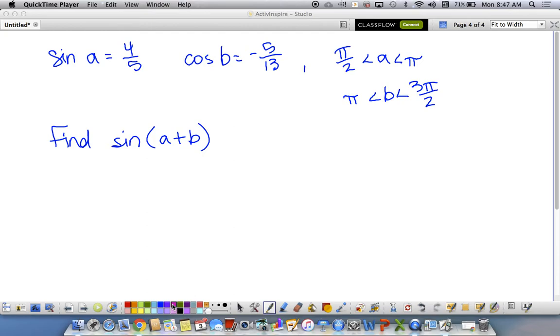I think it's Roman. Does it look really bad?